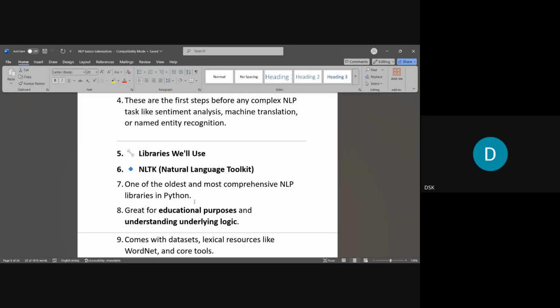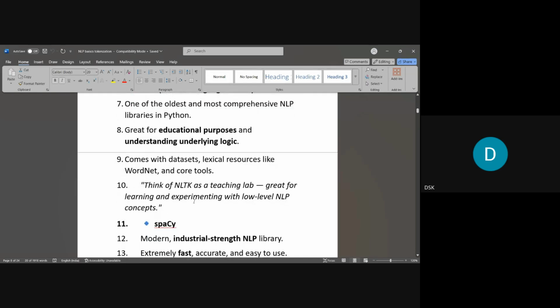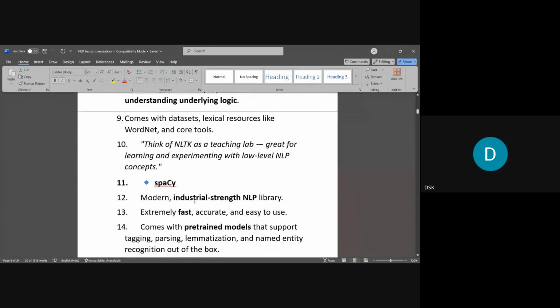It is very essential for educational purposes and understanding underlying logic as well. It also comes with datasets and lexical resources like WordNet and a core tool. You can think of NLTK as a teaching lab, great for learning and experimenting with low-level NLP concepts.